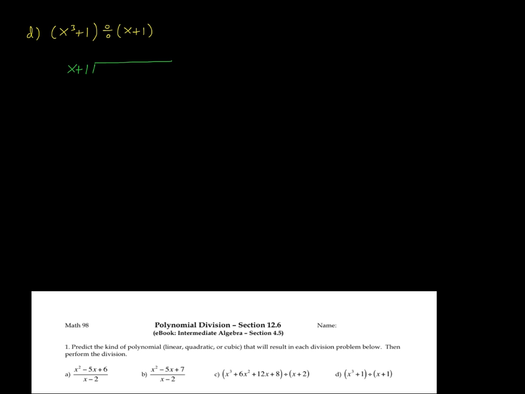But instead of just writing x cubed plus 1 for the dividend under this division symbol, since I am thinking about the powers of x as playing the role of place value, I'm going to write this as x cubed, and I'm going to put in 0x squared and 0x, and then my plus 1, as just placeholders.